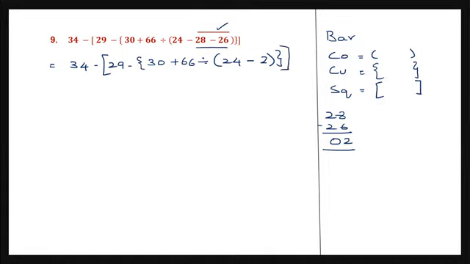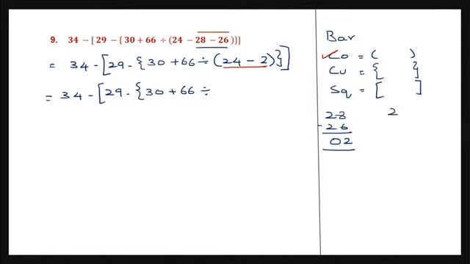So now which one will I do? I finished with the bar bracket, isn't it? Now I have all the other brackets. Which one will I do next? I must do the common bracket which looks like what I've drawn here. So that means I need to work out this. So let's work that out here. 34 minus 29 minus curly bracket 30 plus 66 divided by now 24 minus 2.